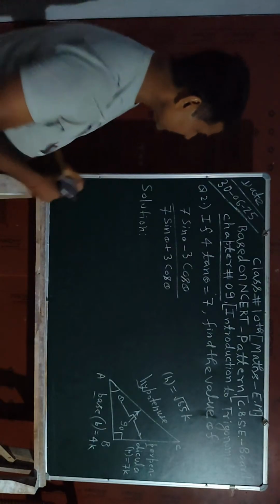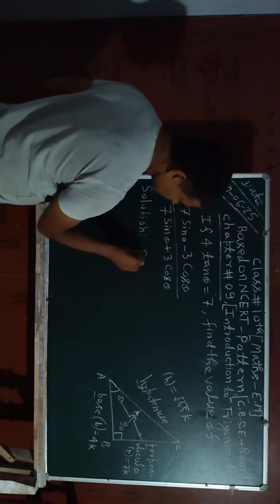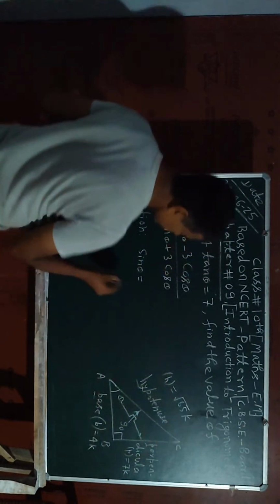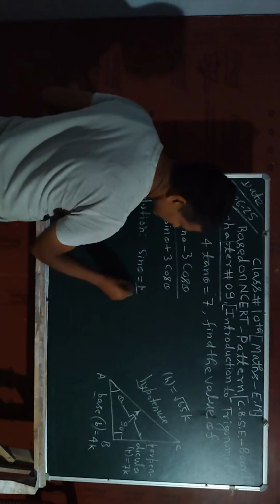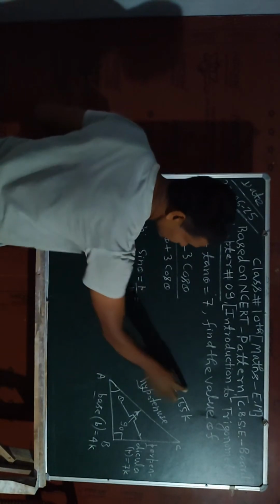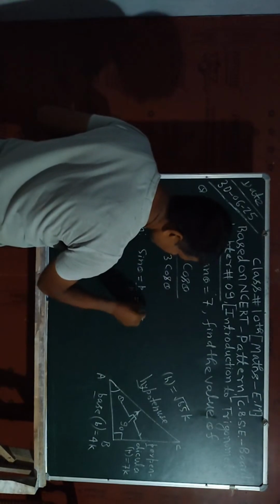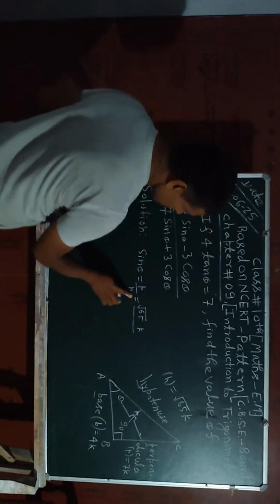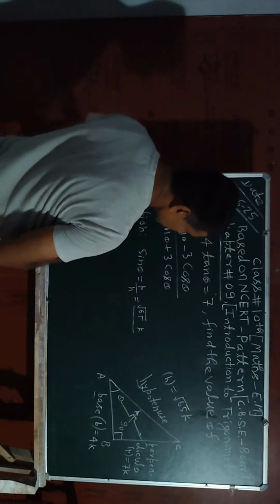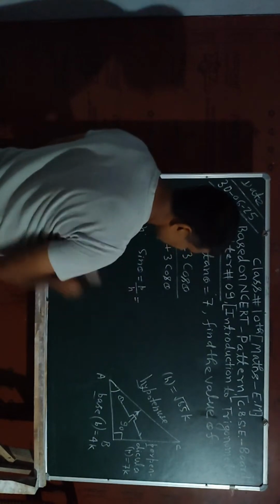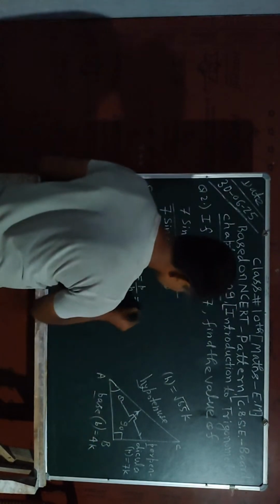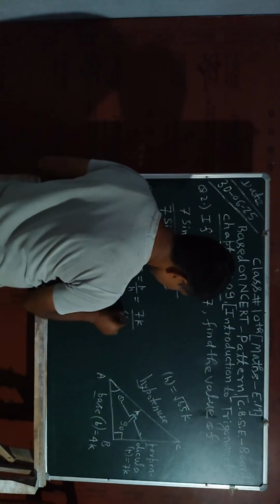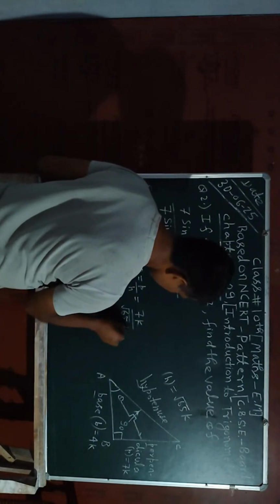Okay, students. So now I am going to find the value of sin theta. Sin theta is written as perpendicular divided by hypotenuse. The value of p is given here as 7k divided by the value of h, root 65 k.